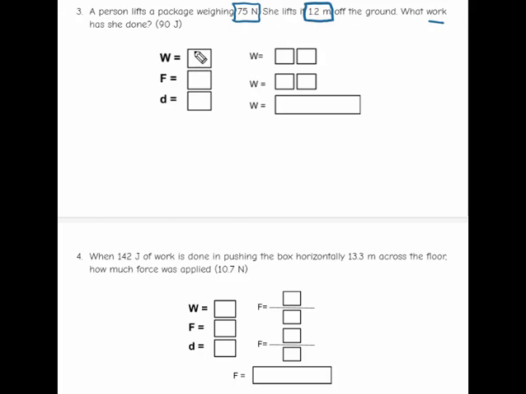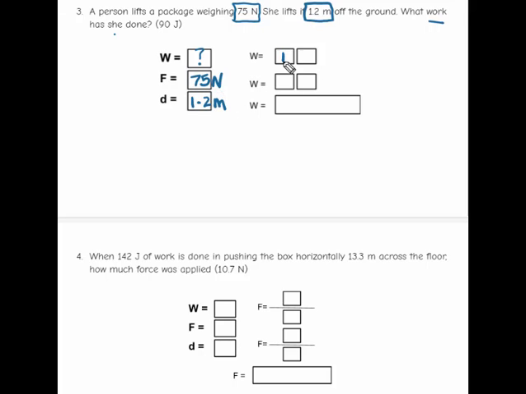So I'm trying to find work. That's my question mark. Force in newtons, so that means I have 75 newtons of force. And then my distance is measured in meters, so it tells us she lifts it 1.2 meters off the ground.